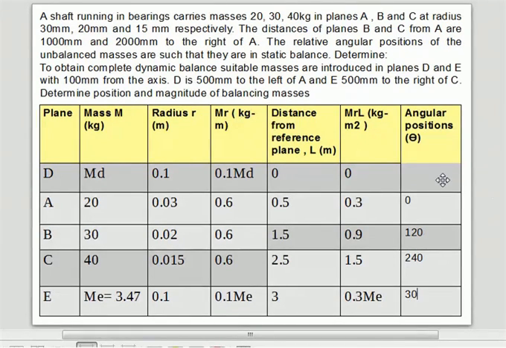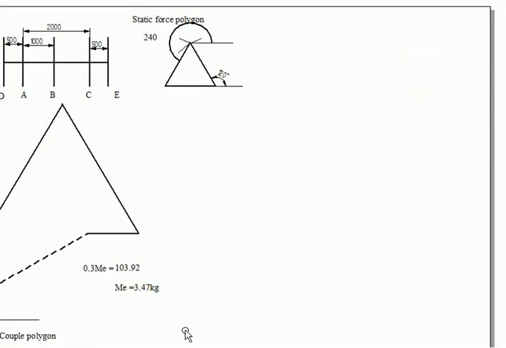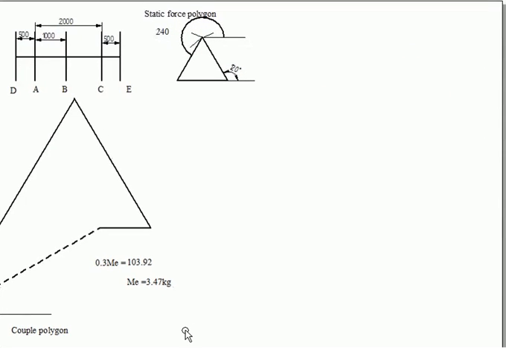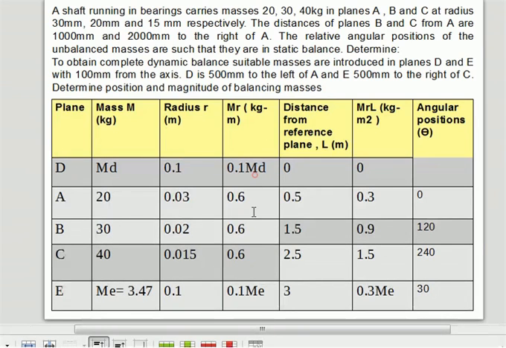Now last one value is pending, md is pending, and to get the value of md we'll construct force polygon. We'll tell you how to construct force polygon now. And for constructing force polygon I need these values.